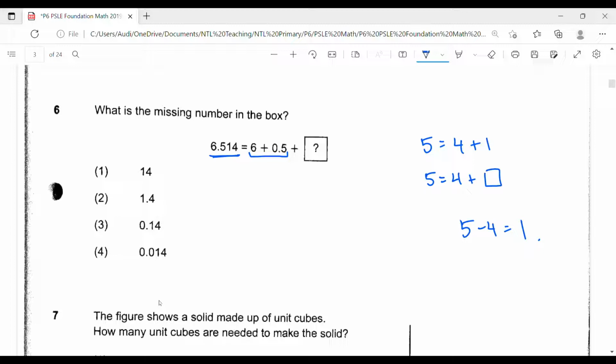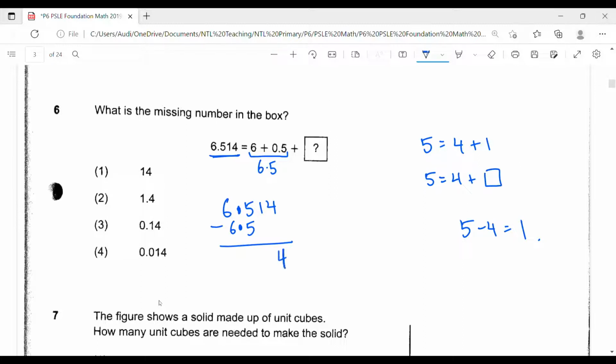Here, 6 plus 6.5. So how do we get the question mark? We do 6.514 minus 6.5. Make sure that you align the decimal places together. The decimal places must be aligned.